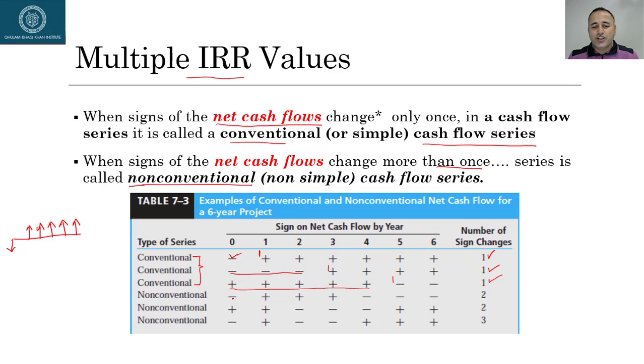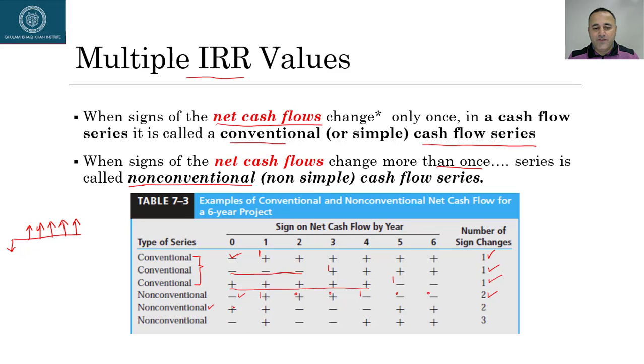But assume a situation where there is a cash outflow, it started negatively, and it changed in year number 1, so that is the first change. Here no change, no change, and there is another change here, and then no change and no change. So the total number of changes is 2. Let's focus on this one.